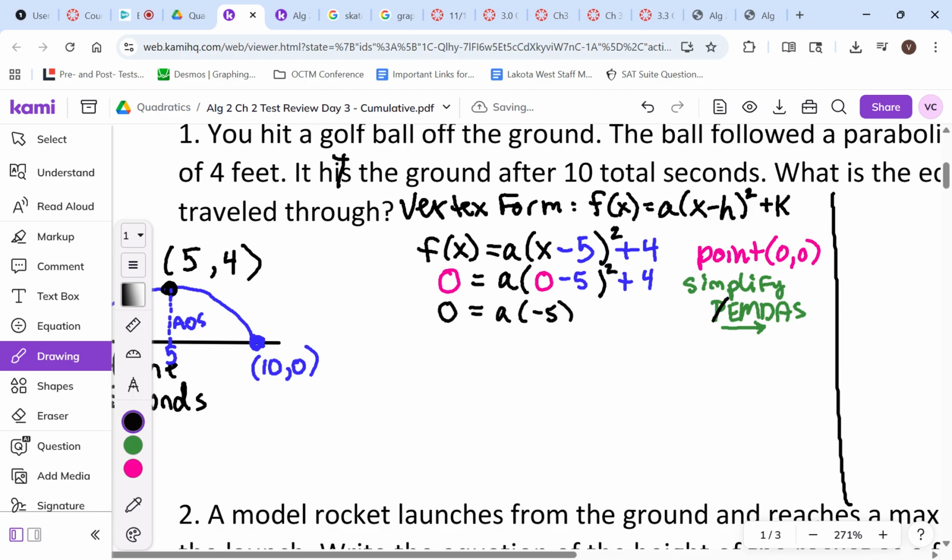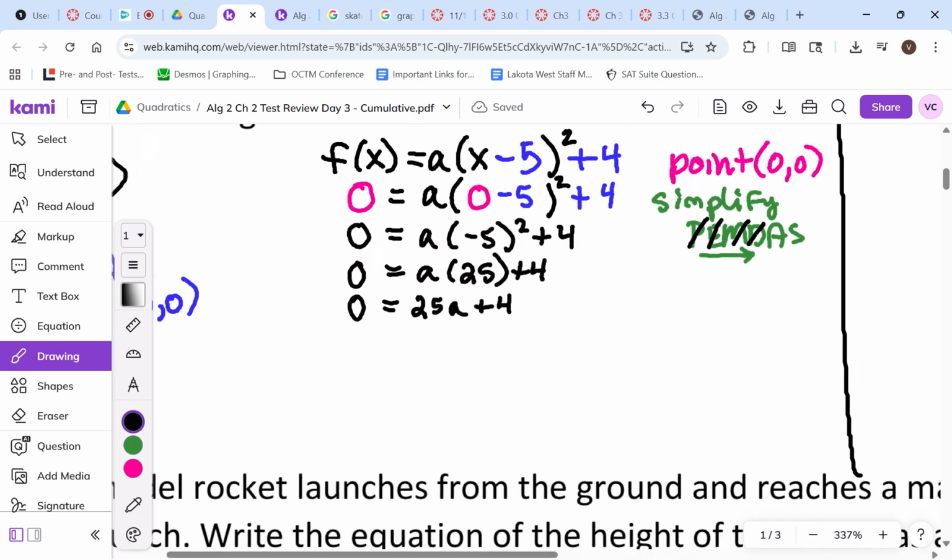So I get negative 5 squared plus 4. After parentheses is exponents. So 0 equals negative 5 squared is 25 plus 4. Now I'm going to do multiplication or division. And that gives me 25a plus 4. And at this point, I cannot do adding, subtracting because these are not like terms.